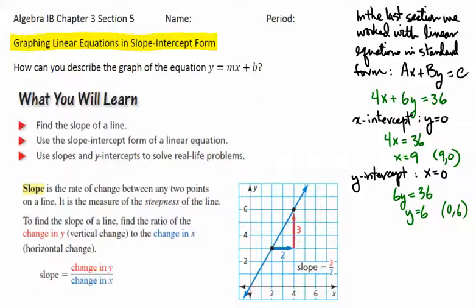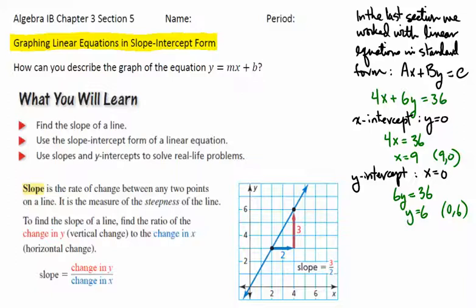If we plot those 2 points on the graph, draw a line through them, we would be able to easily graph the equation 4x plus 6y equals 36, and then go on to analyze what that equation is telling us. It would give us all the different solutions of drinks and popcorn that we could buy for $36.